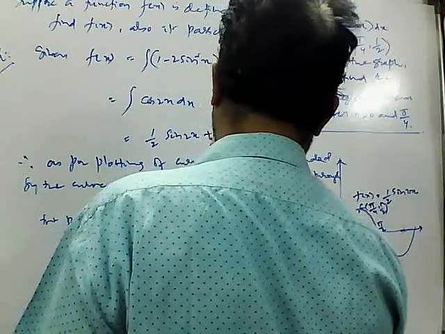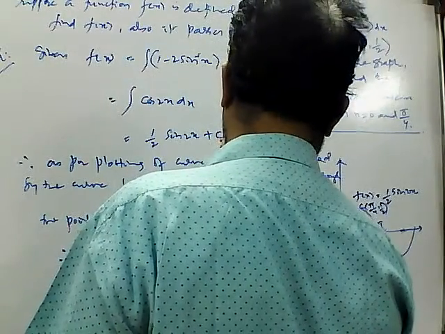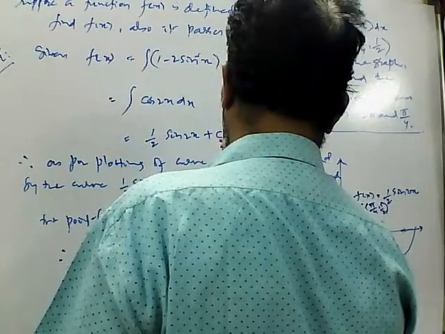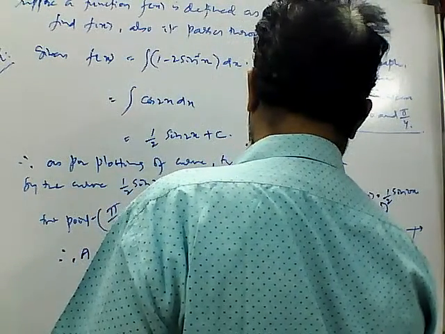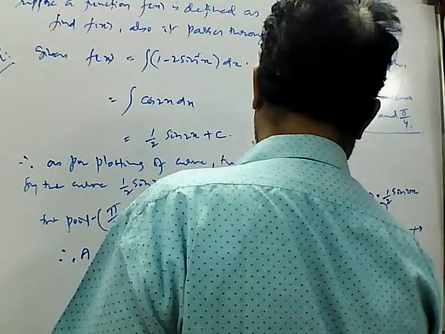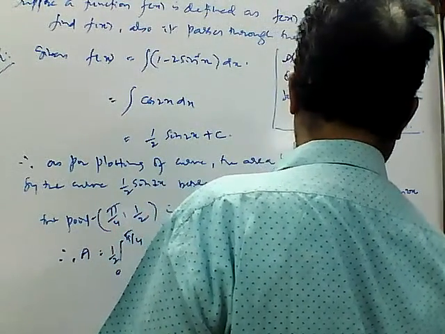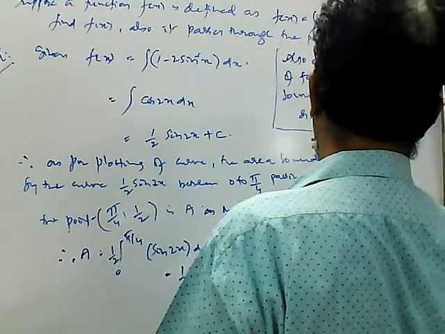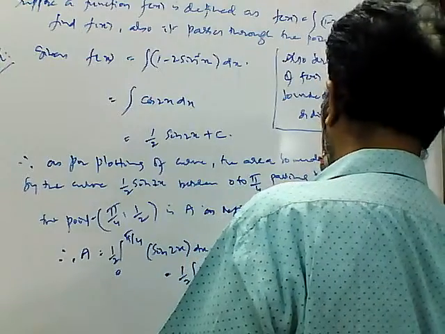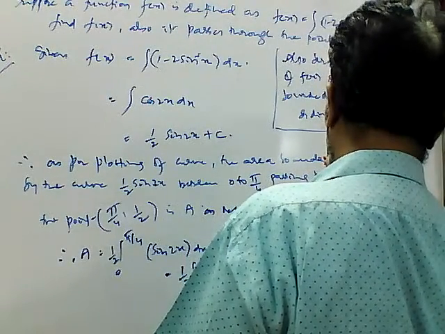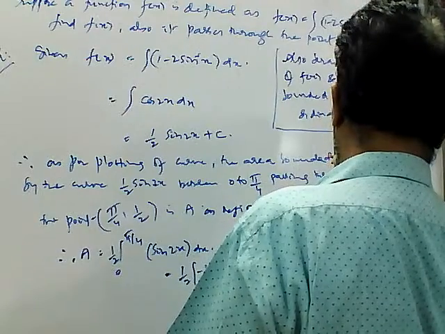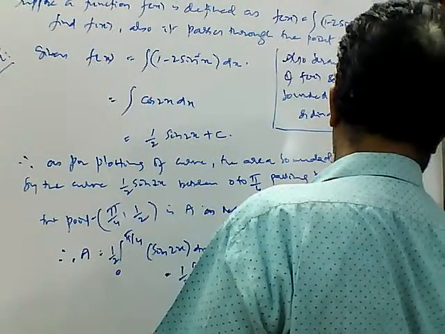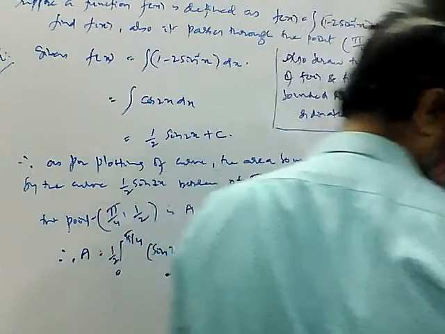That is equal to 1 by 2 into 1 by 2 into minus cos 2x from 0 to pi by 4, which is equal to minus 1 by 4 into cos pi by 2 minus cos 0, which is equal to minus 1 by 4 into 0 minus 1, which is equal to 1 by 4 square units. This is the area.